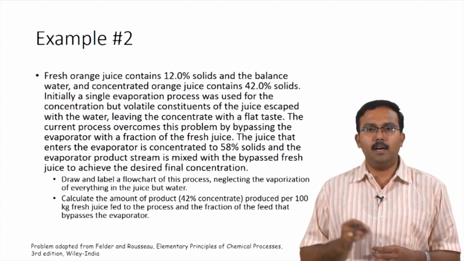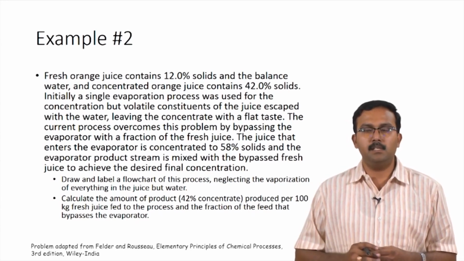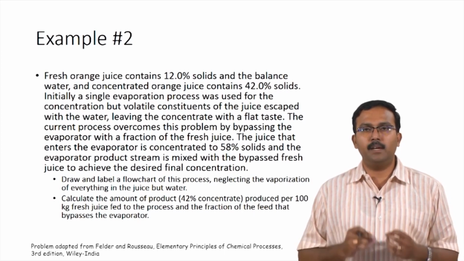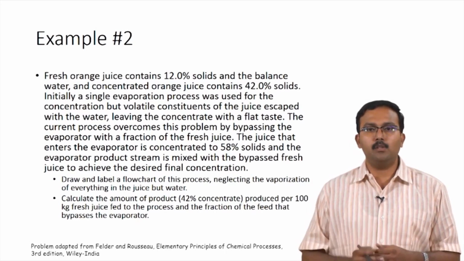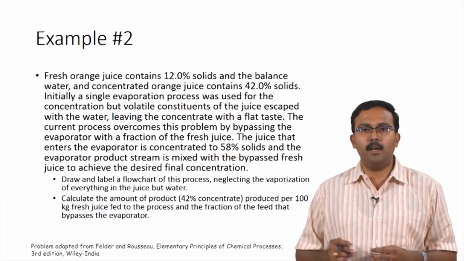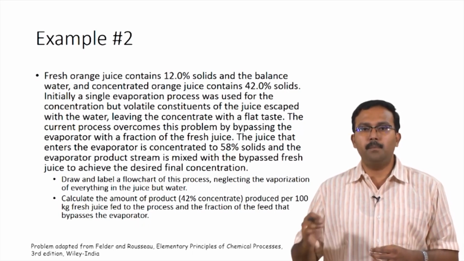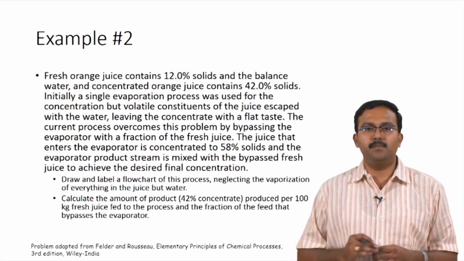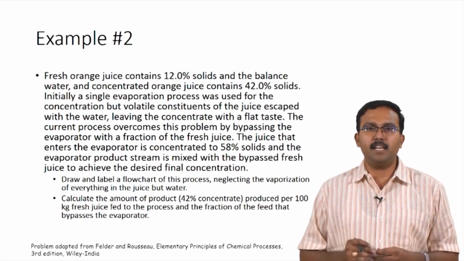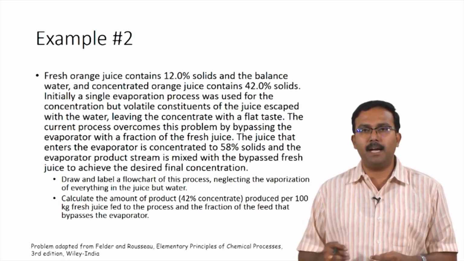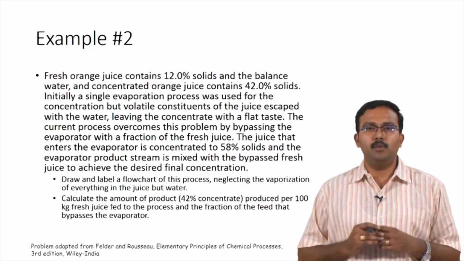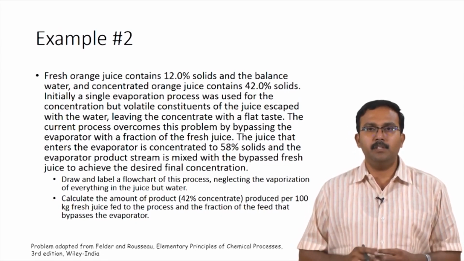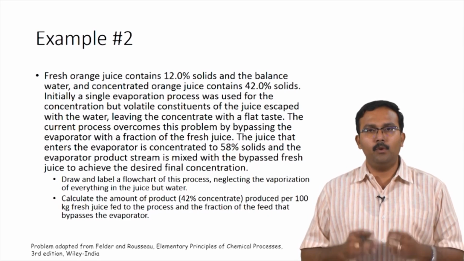You are asked to draw and label the flow chart for this process, neglecting the vaporization of everything in the juice except for water, and you are also asked to calculate the amount of product which is produced per kilogram of fresh juice which is fed to the process, and the fraction of the feed that has to be bypassed from the evaporator.